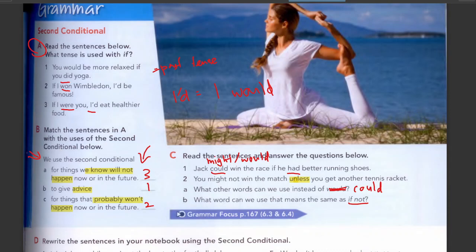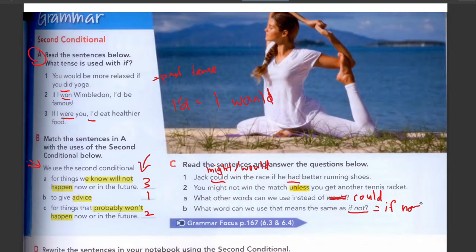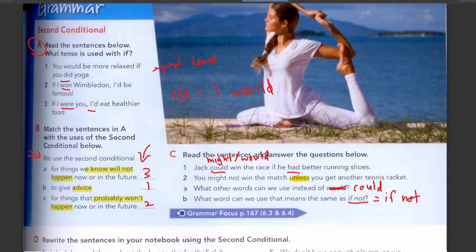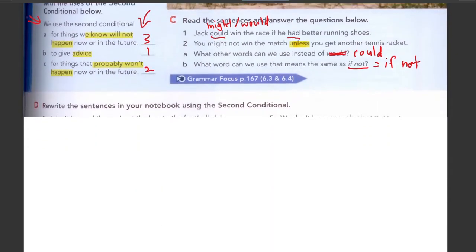Unless means if not, kalau tidak ataupun melainkan, that is unless. Okay, so that is it about second conditional.